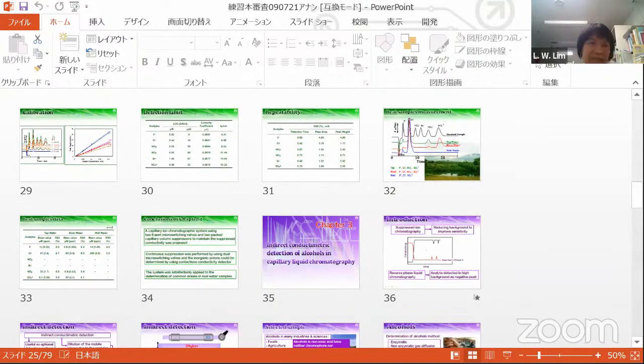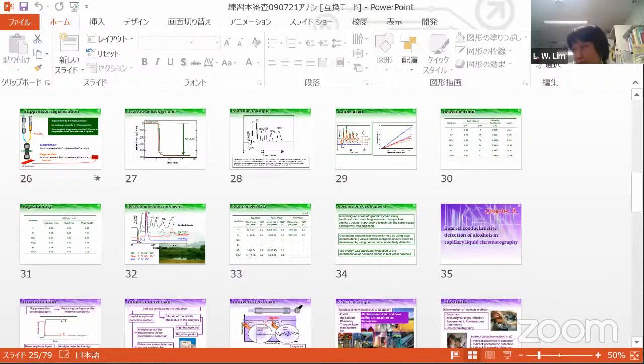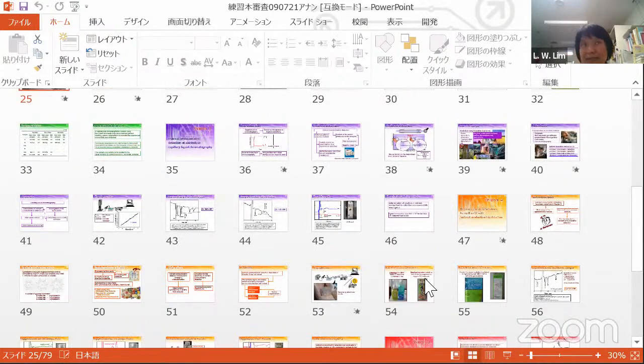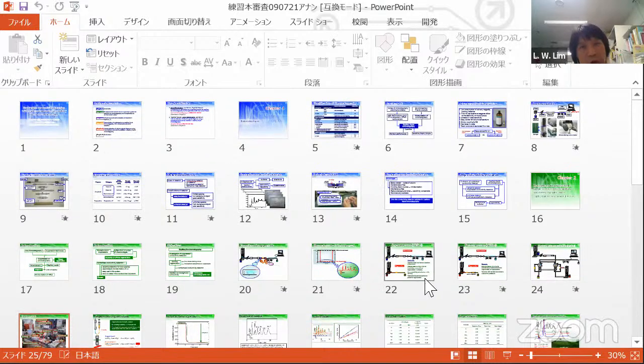like metabolomics. I don't know if you know metabolomics. It's one of the omics, the youngest omics analysis in the market. It is to separate and to analyze the metabolites, so the term we use is metabolomics.